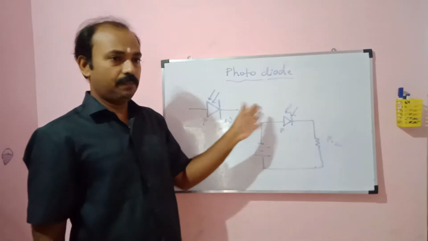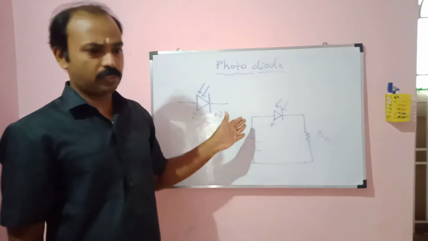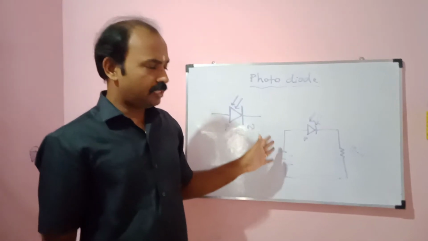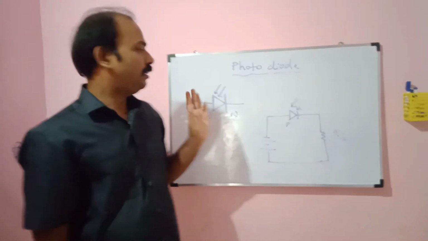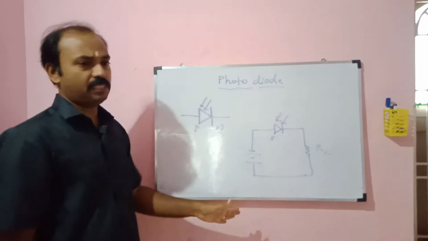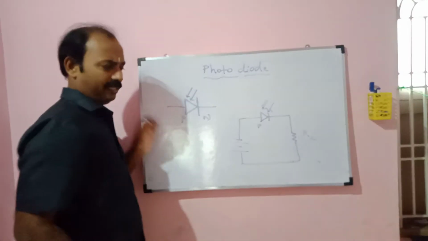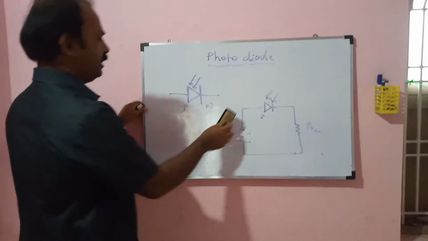That is actually the principle. When a PN junction diode is exposed to light under reverse bias, it produces electron and hole pairs, and as a result, reverse current will be produced. Then next we are going to see the construction and working.